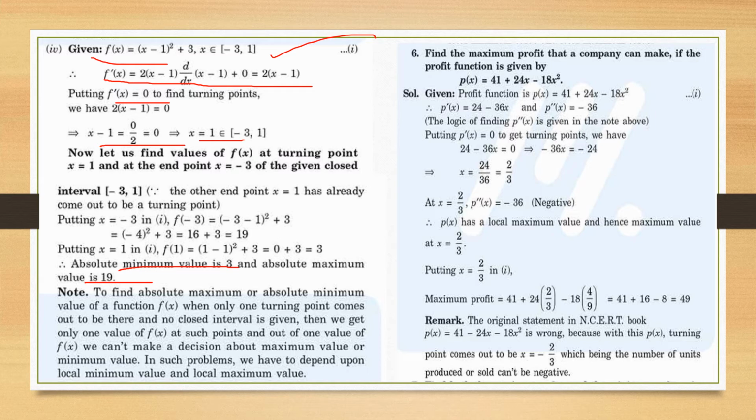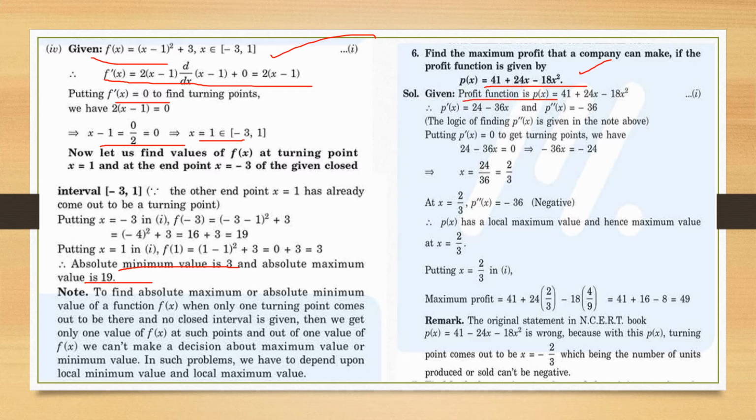Number 6 is: find the maximum profit that a company can make if the profit function is given by this equation. As there is no interval given here, this is a question of local maximum or minimum. So here I have to find the critical point and apply the second derivative test.